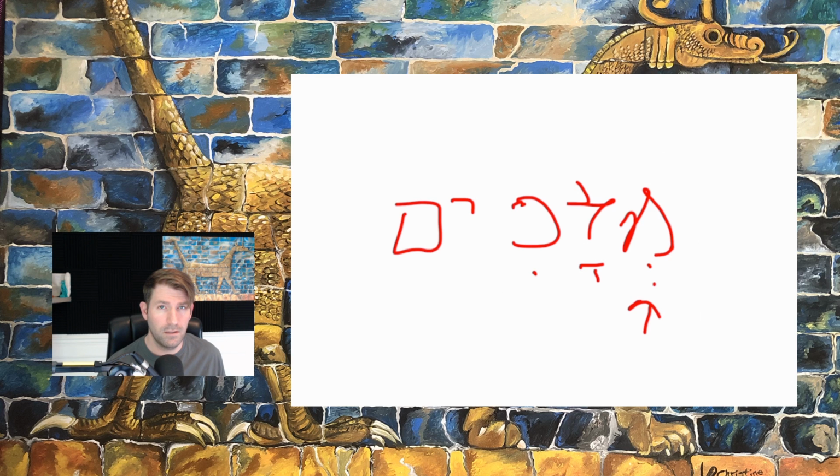And before a vocal shva, I forgot what we're doing. Conjunction, good. Instead of v'melachim, you get u'melachim. So before a BuMP or a vocal shva, you're going to have a shureq.